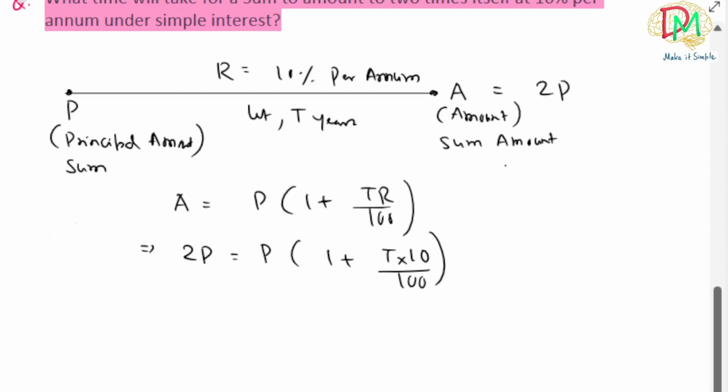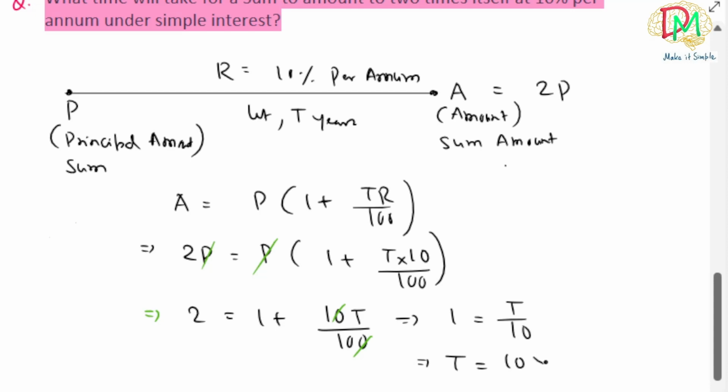So the P's cancel out, so we get 2 is equal to 1 plus 10t by 100. Here also you can simplify further, so we get 1 is equal to t by 10. From here we get t is equal to 10 years is the answer. After 10 years at 10% per annum interest, any amount would double.